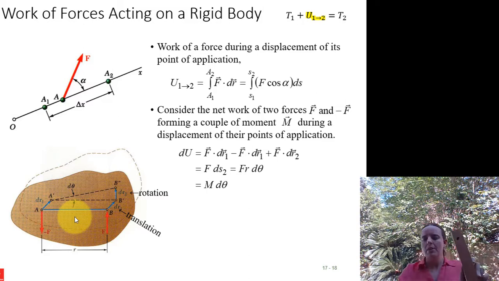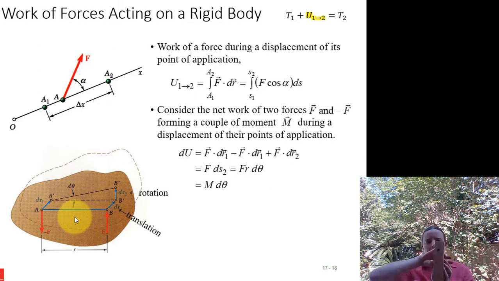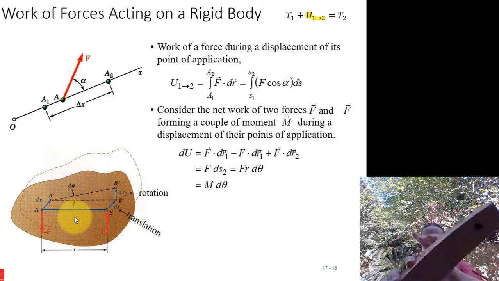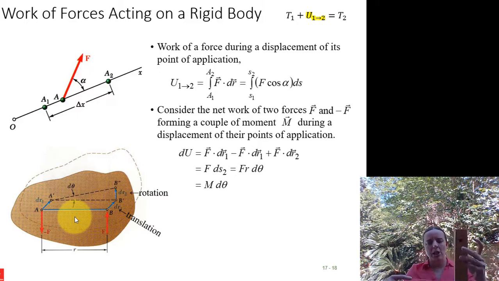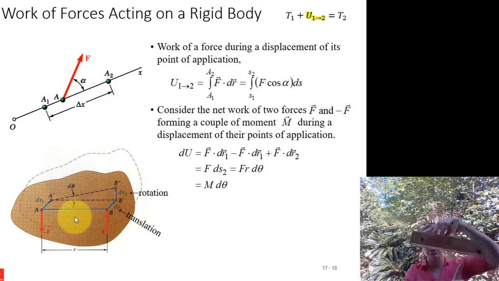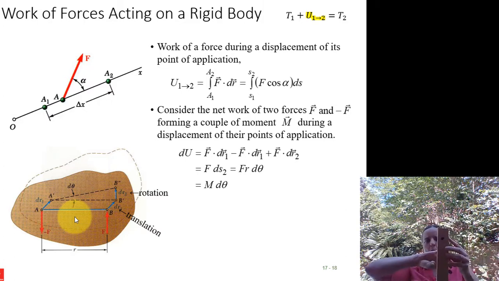So we've got an object and then we've got some little spots on this object. I want to keep track of the velocity and the motion of each of those spots. And the thing is moving forward and it's also rotating. Now we've got two forces that are creating that motion. So if you add up force through a distance, what kind of work is happening there?